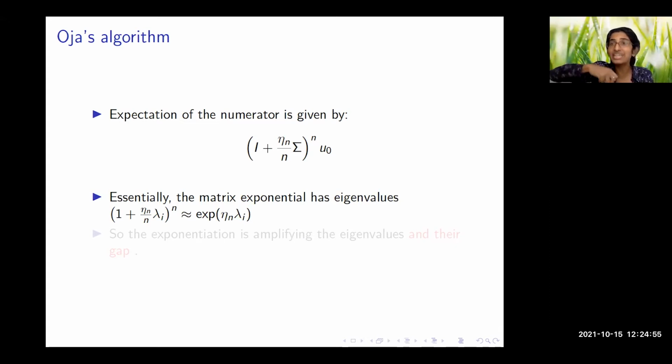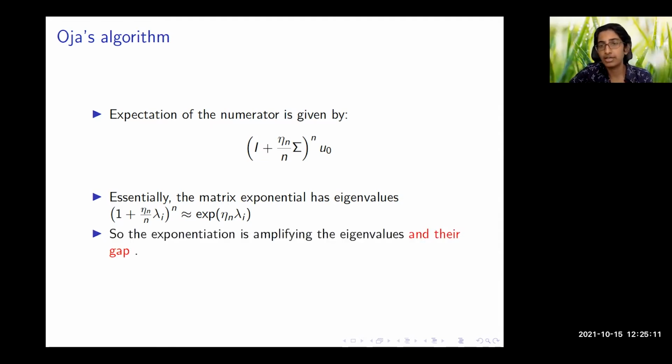Like you will really blow up the magnitude and the gap between the first eigenvalue and the second eigenvalue. And we all know when we do power iterations, that gap is what matters. So this is what Oja's algorithm is doing. It's kind of like separating things out. Right. Are there questions at this point? If not, that's great too.